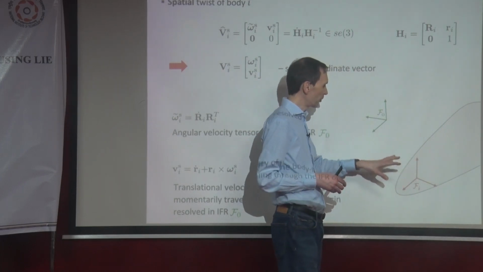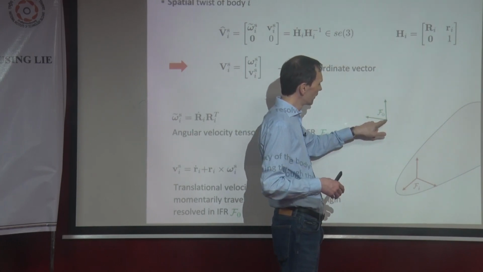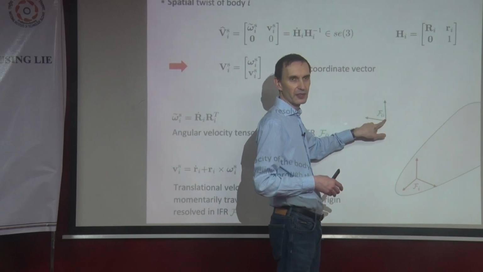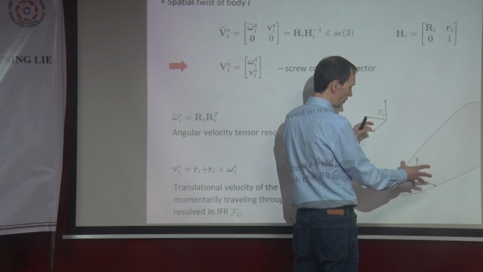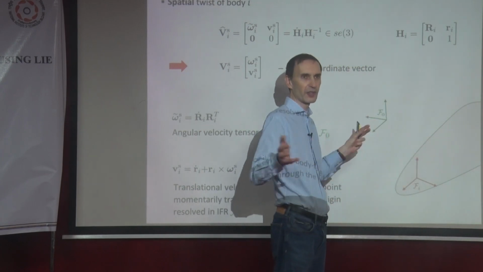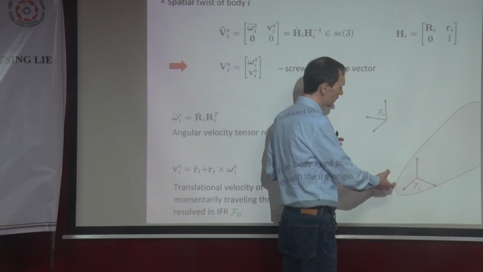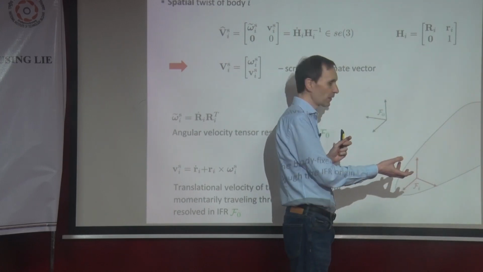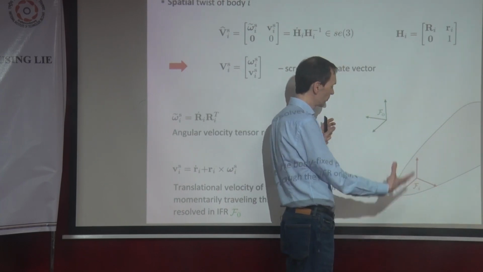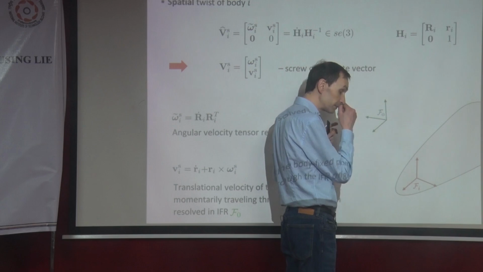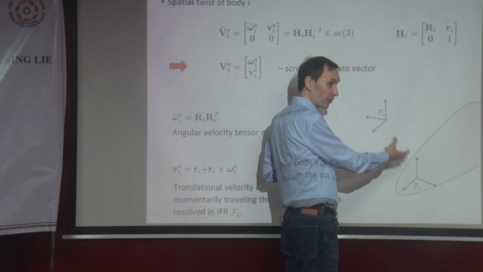But of a point that is momentarily going through the origin of the space fixed frame. So you can imagine that, regardless of the physical extension of the body, the body is moving, right? And then you look virtually at the points of the body, of a point that is fixed to the body.